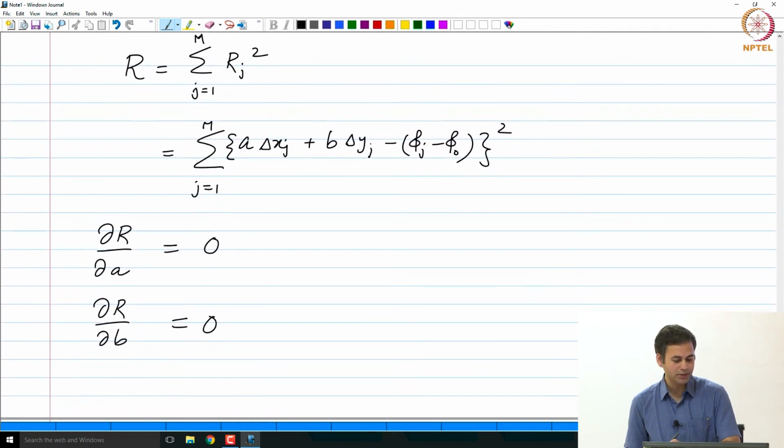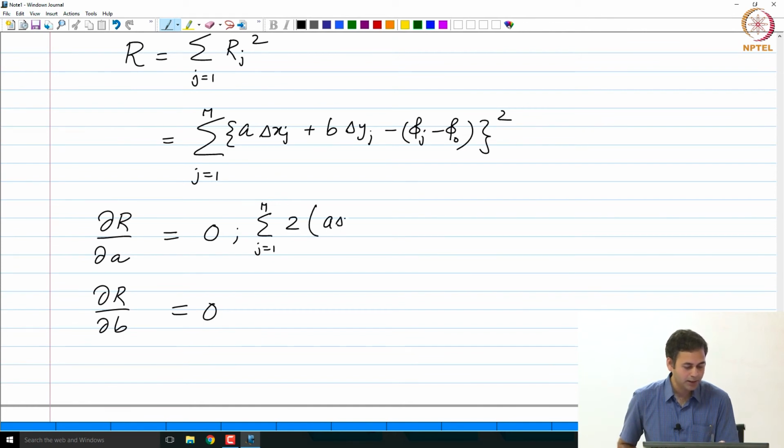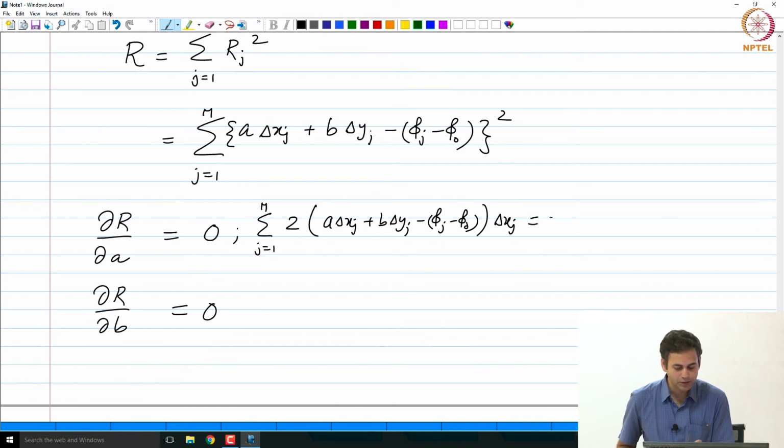So, what would be these equations? Partial r partial a equals 0, what would this be? The summation would stay as it is. You have a summation, and this would be 2 times a delta x j plus b delta y j minus phi j minus phi 0, times delta x j equals 0.